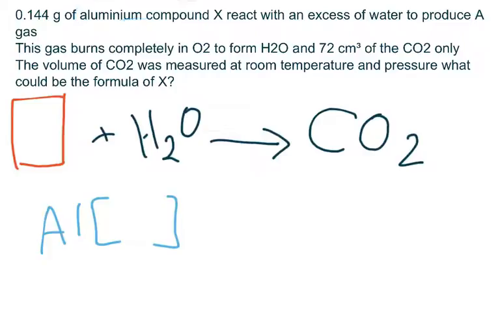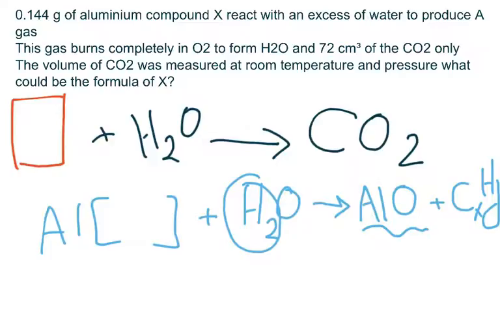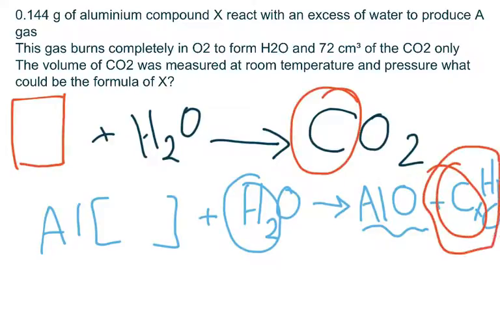The aluminum compound is reacting with H2O in excess and producing a gas. In the process, it's not only producing a gas, it's producing aluminum and probably oxygen, right? And the gas would probably be something that has hydrogen in it. In this case, the most possible candidate is X, because we have C here and C here. And remember, this is the one that we are going to put in our red box.